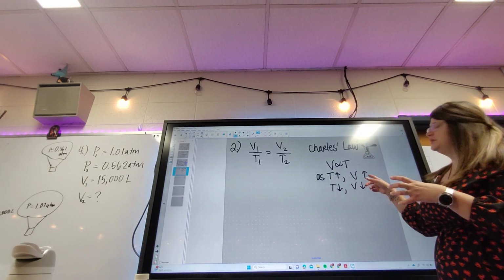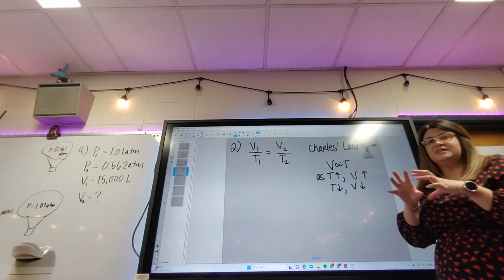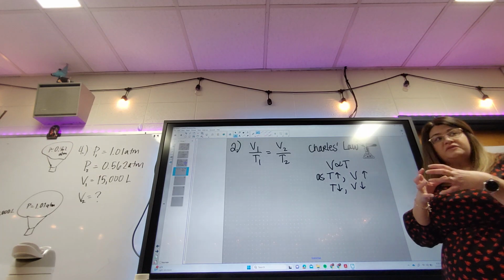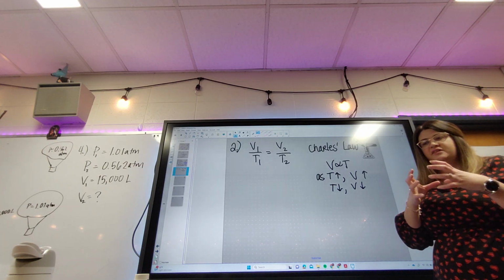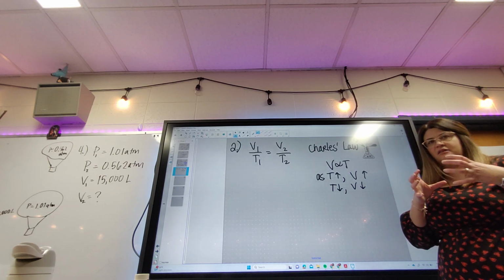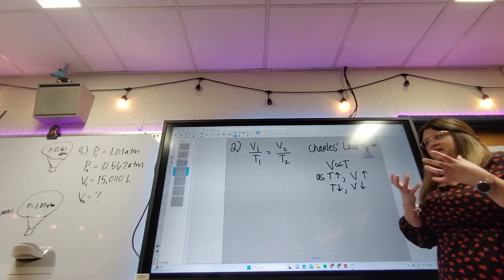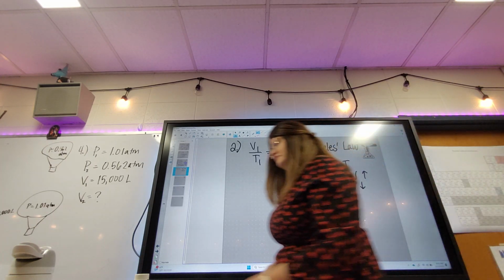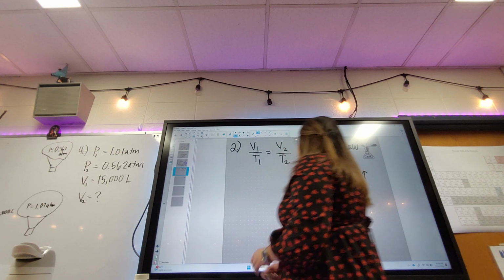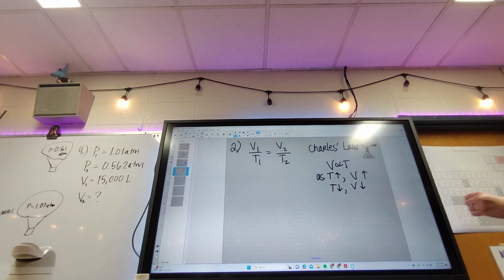That's because the opposite is happening. As temperature is increasing, the gas is filling up more of the volume, and that's causing a bulge, I guess. I don't know how else to say it. So volume and temperature are directly proportional. As one goes up, the other also goes up.